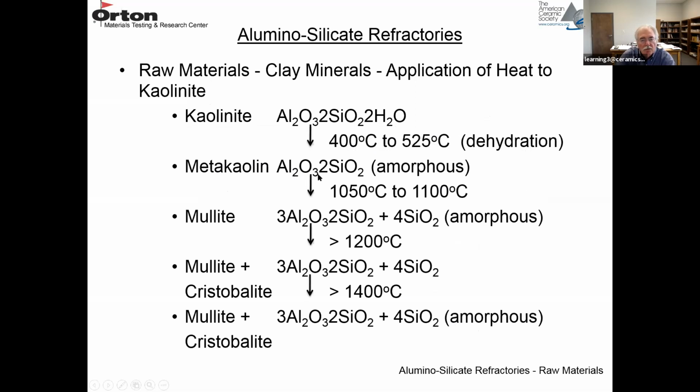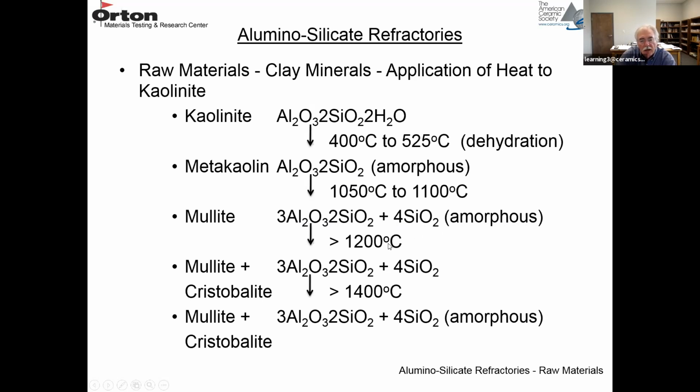So it's Al2O3, 2SiO2, and you continue to heat it to a higher temperature, over 1000 degrees C, maybe up to 1100 degrees C. And now you develop mullite, and that's an important refractory phase. And that's 3Al2O3, 2SiO2, and you have some SiO2, which is amorphous, it's not crystallized yet.